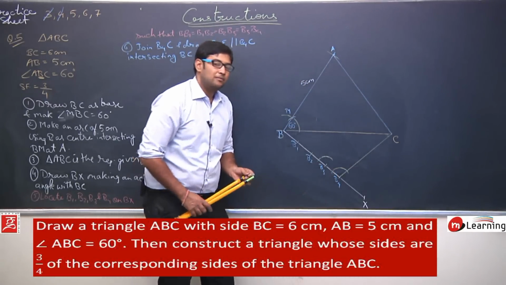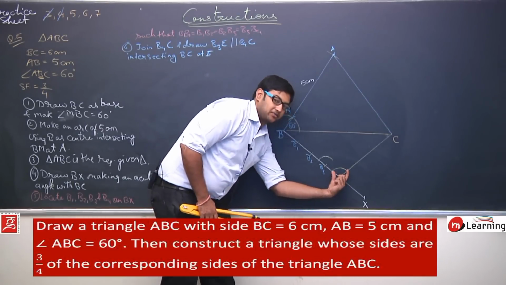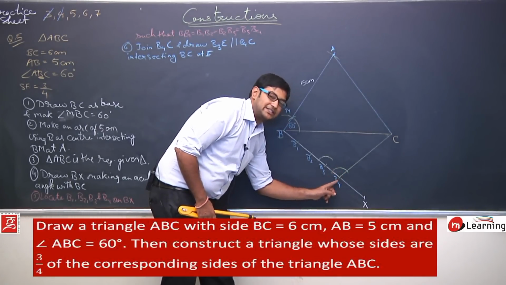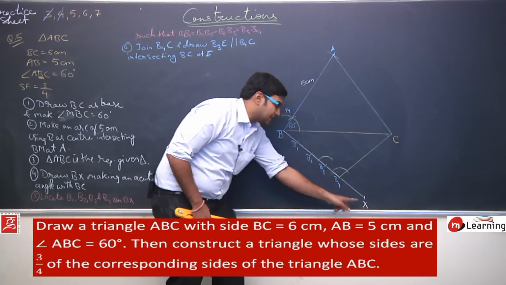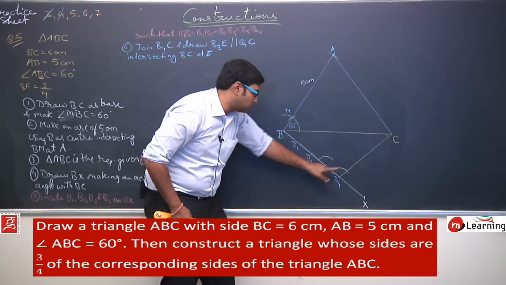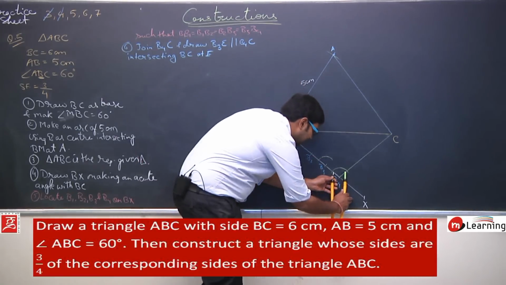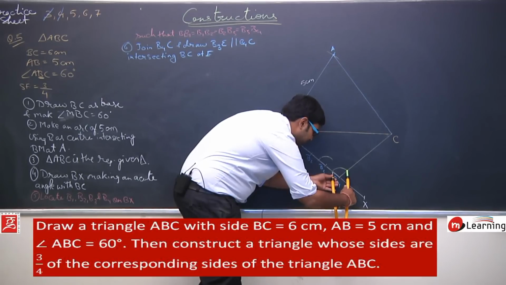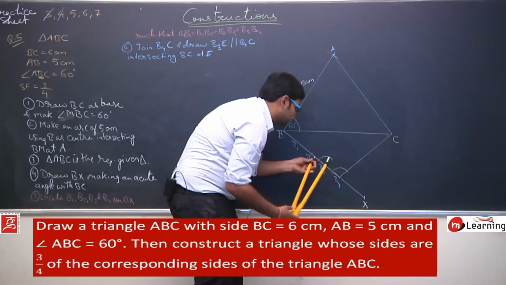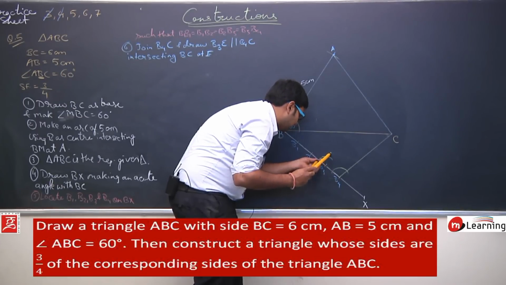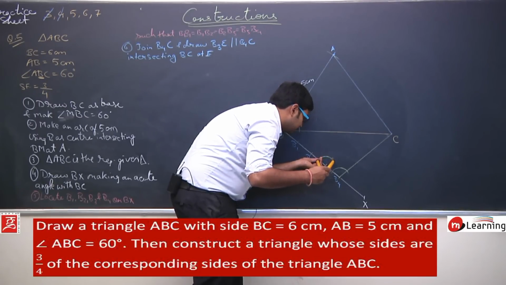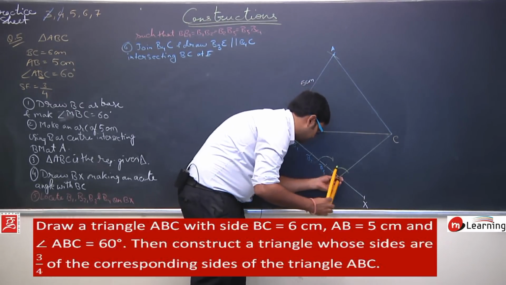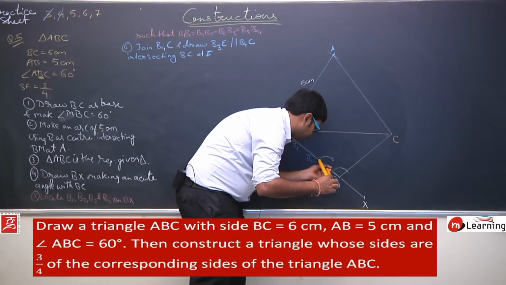Now measure the length of this arc, the arc drawn from point B4 as center and intersecting BX and B4C at two different points. Measure the length between these two points. You can see this is the measure. Now using this measure, make one more arc like this.